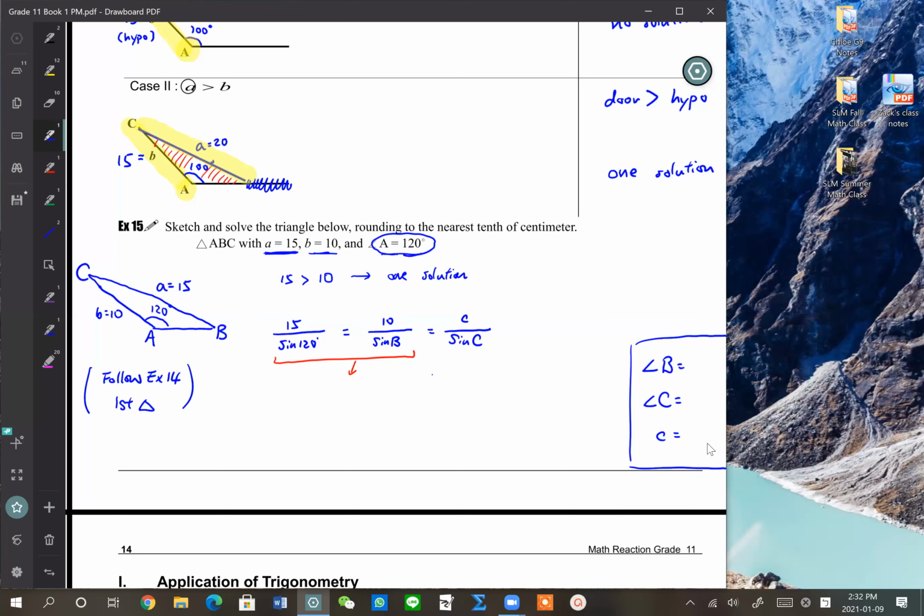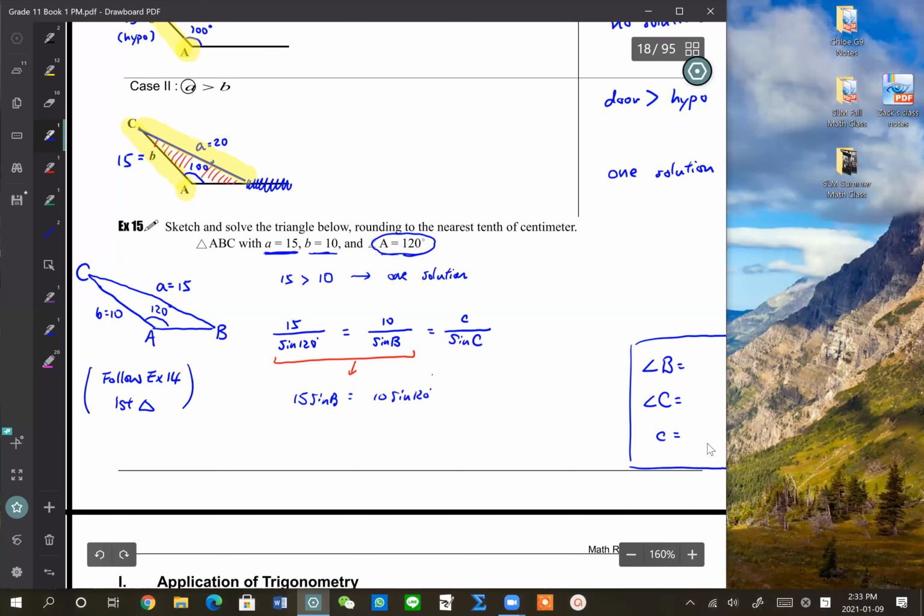Okay, Angela, have you found angle B? Can you tell me the steps? You cross multiply the two. Can you tell me how to write it out? 15 times sine b equals 10 times sine 120. And then you divide both sides by 15.